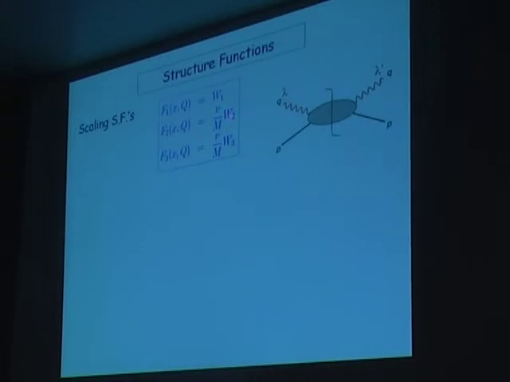All right. The relation between the scaling structure functions and the historical W1, W2, W3 is given here. As you can see, W2 and W3 do not have scaling behavior the way they came, but if you multiply by nu, they become scaling. The helicity structure functions are physical in the sense that it's just this amplitude sandwiched between the polarization vectors of a helicity plus 1, minus 1, or 0 vector boson on the target.